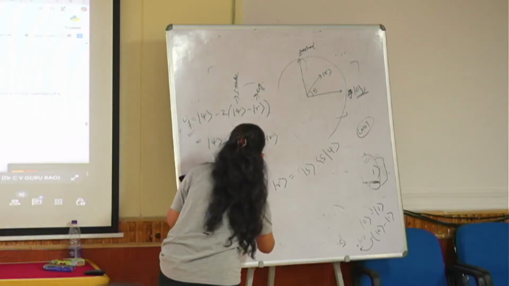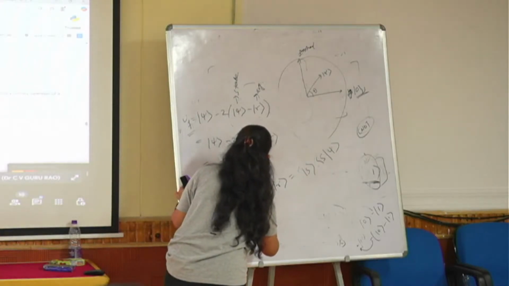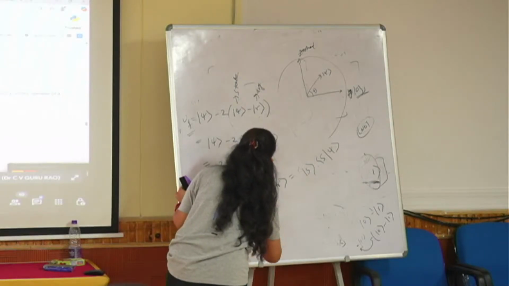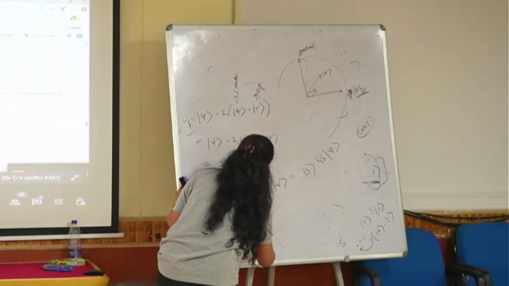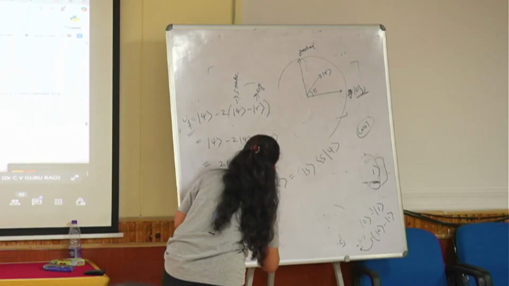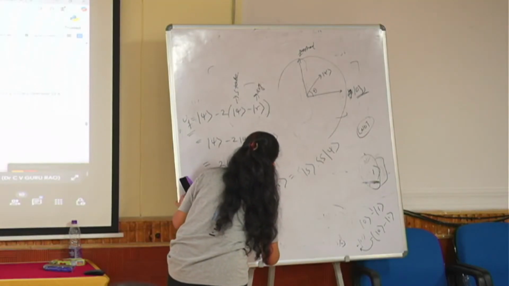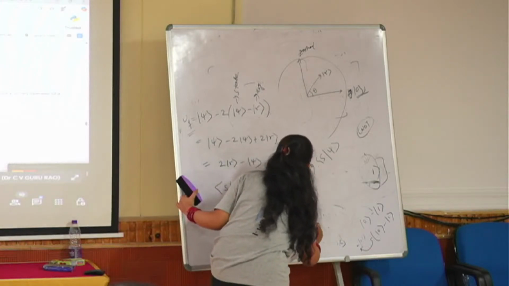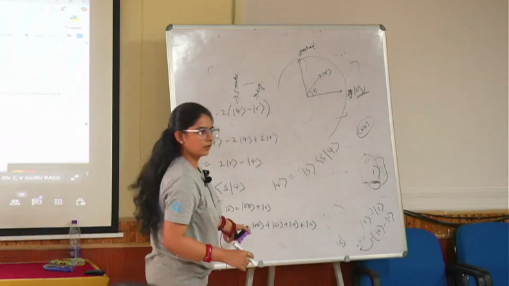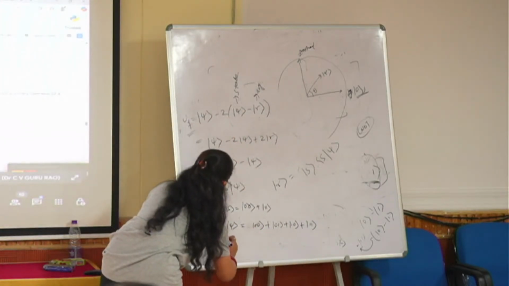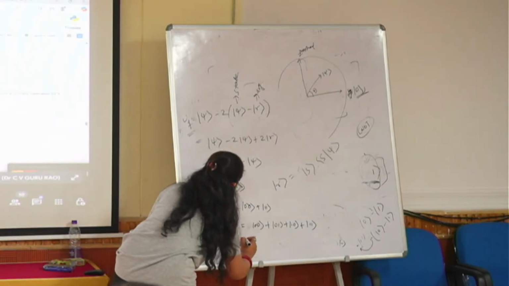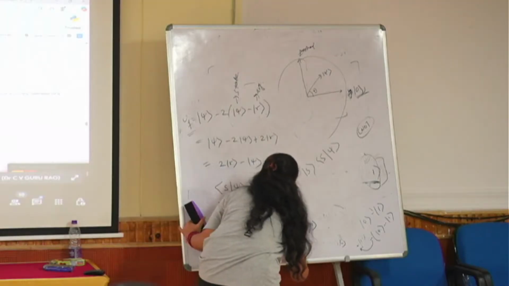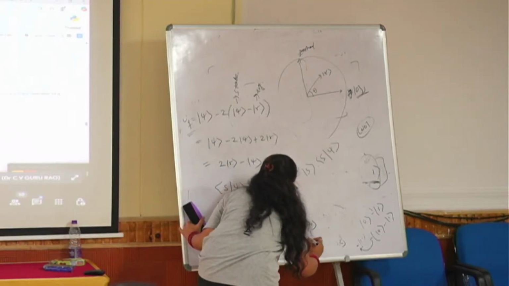Very simple example, if S is 00 plus 11 and psi is 00 plus 01 plus 10 plus 11.